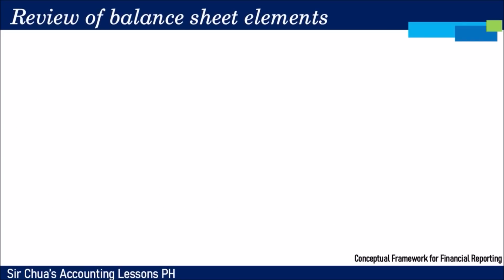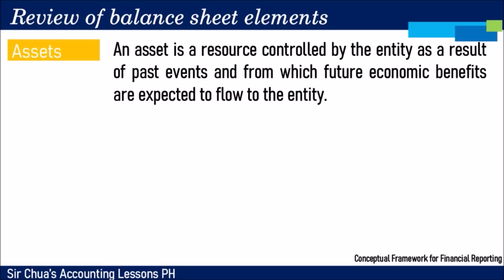So, let's review the balance sheet elements. Ano po ba ang nire-report natin sa Statement of Financial Position? Assets. An asset is a resource controlled by the entity as a result of past events and from which future economic benefits are expected to flow to the entity. Remember that an asset is a resource. Kayamanang pwedeng gamitin ng isang business.